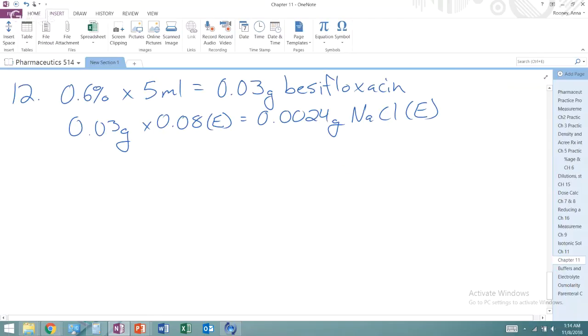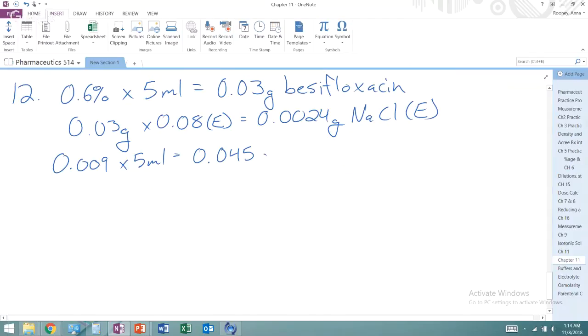The next one is figuring out how much sodium chloride should be in there. So then times that by 5 milliliters, and so then we find that that is 0.045 grams, which makes sense.